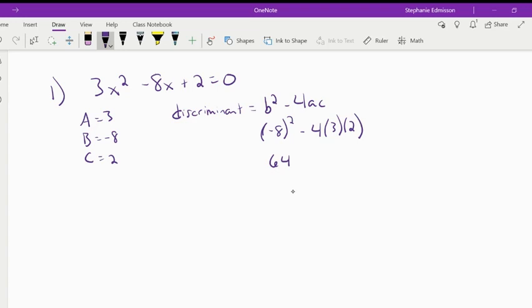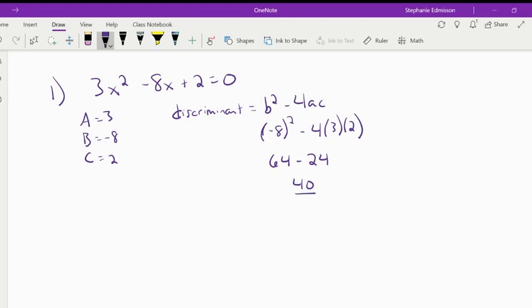Well, there's only one negative, so we know it's going to stay negative. 4 times 3 is 12, and 12 times 2 is 24. So we have 64 minus 24, which is 40. So 40 is what I get for my discriminant.